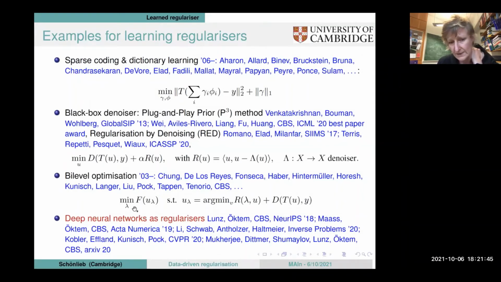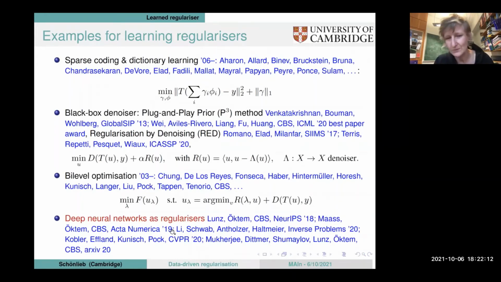But the problem is that for really computing optimal parameters lambda here, you need to solve your variational problem. So you iteratively minimize this, right? And for each outer iteration of minimizing this, you very accurately need to solve the minimization problem in your constraint, and this is just very costly.